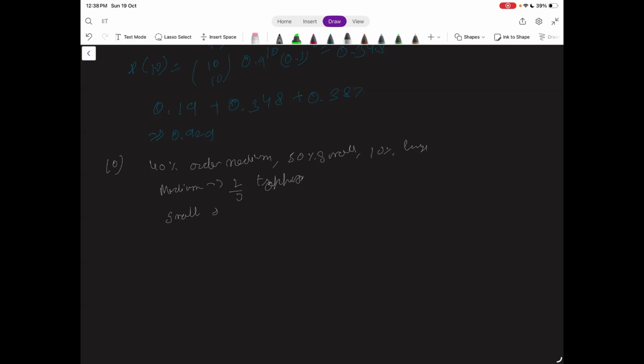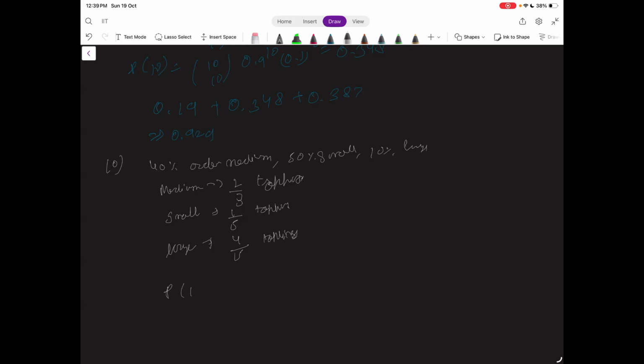Of small, 1/5 ask for extra toppings. Of large, 4/5 ask for extra toppings. Now we are given that the customer asked for extra toppings. That's given. What is the probability that they ordered a medium pizza?